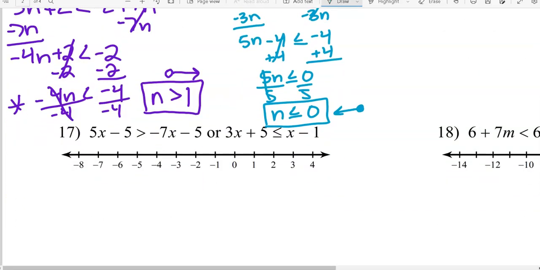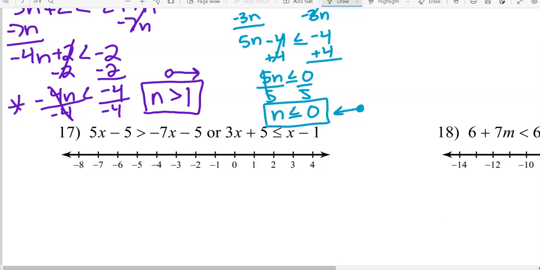All right, last one with me. Are these two going to meet in the middle, or are they going to bounce away? They're going to bounce away. Hannah, how do I know they're going to bounce away? For number 17, how do I know they're going to bounce away from each other?